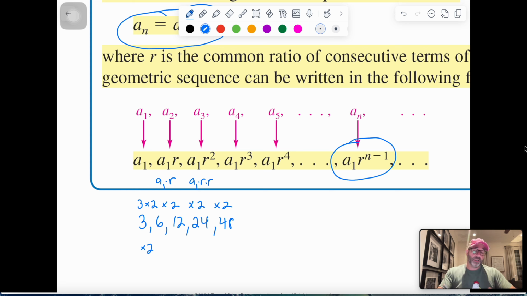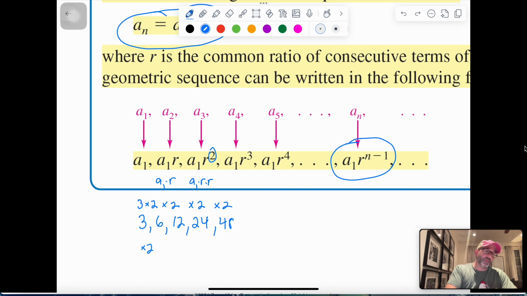That's where my common ratio takes on that exponent we're talking about. This right here would be 3 times 2 to the second. This would be 3 times 2 to the third. This would be 3 times 2 to the fourth.